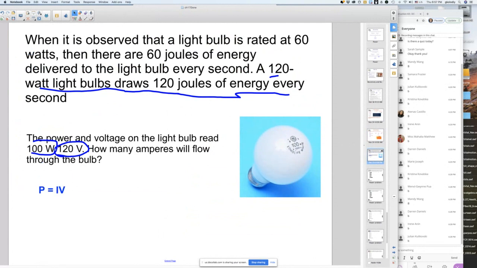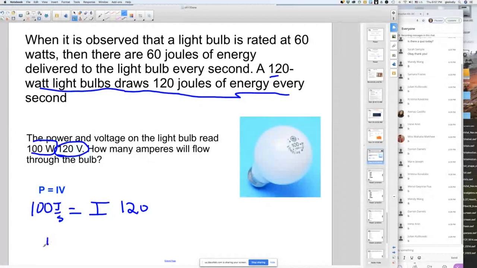Power here is given as 100 watts, so this is 100 joules per second. Let me write it in joules per second. That's what a watt is. And you want to solve this for I, if the voltage is 120 volts.